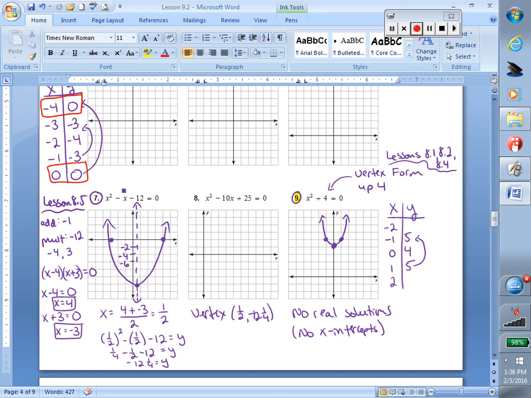X equals 4 and x equals -3. So again, I know if you factor, you find the x-intercepts very quickly. I still ask that you graph those x-intercepts and then also find your vertex. So if you have those 3 points, that is more than plenty for a sketch.